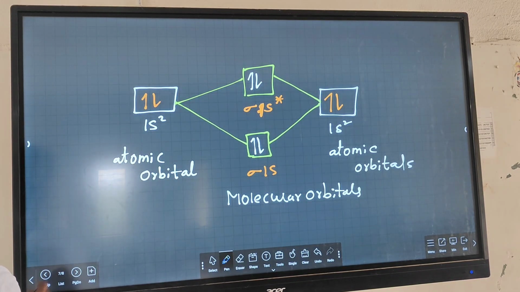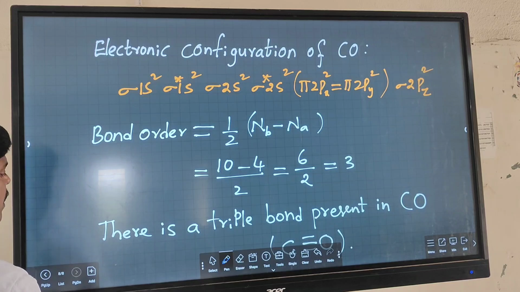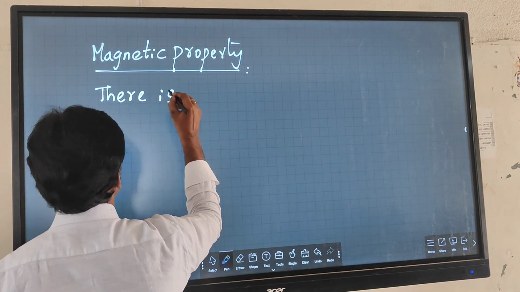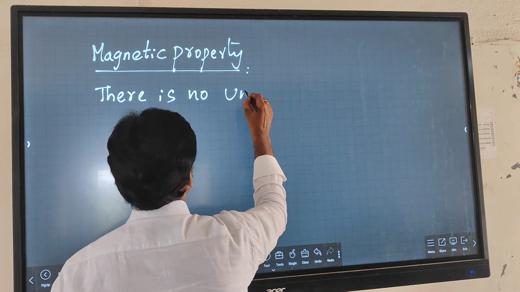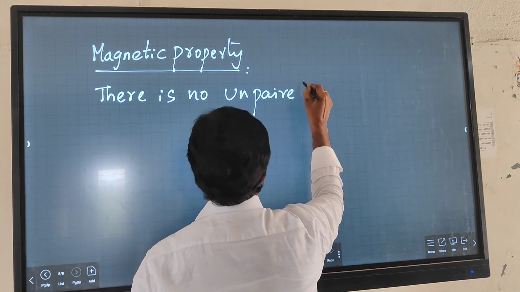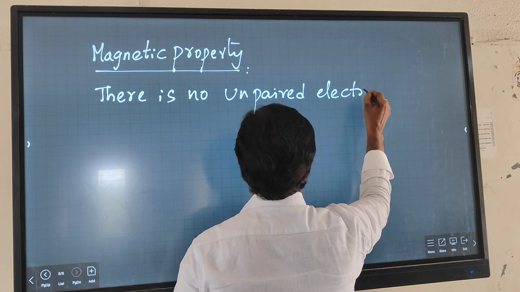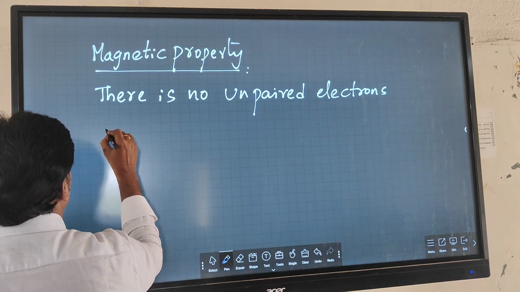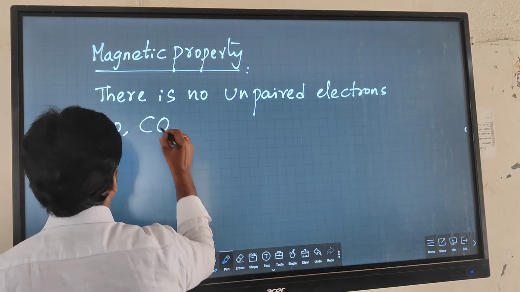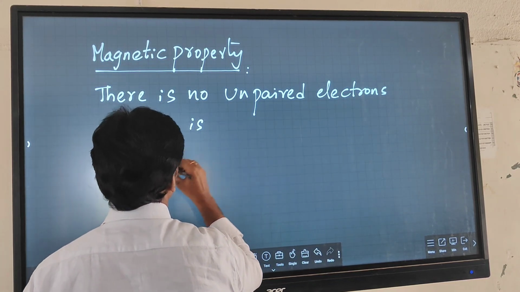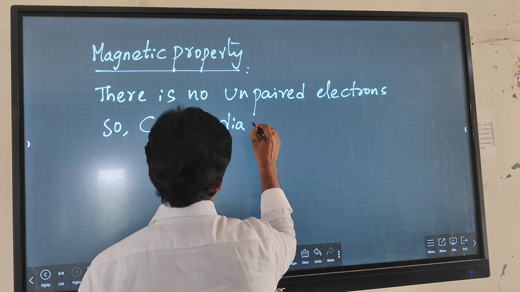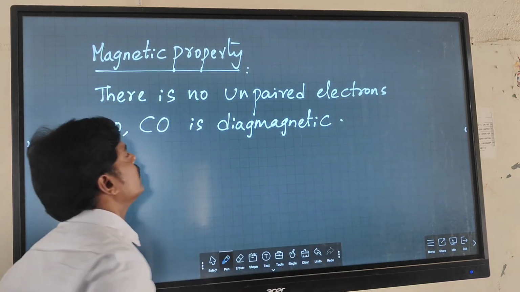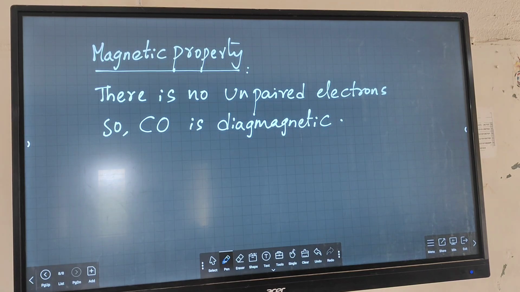Similar to nitrogen, carbon monoxide also has no unpaired electrons. So carbon monoxide is diamagnetic. That is the magnetic nature of carbon monoxide.